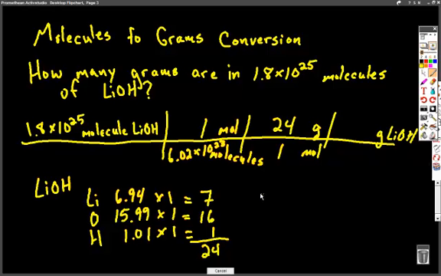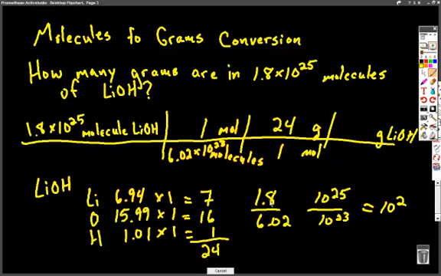So really, in this case, we can think of this as being 1.8 divided by 6.02, and then we can actually do the exponents separately. Because we have 10 to the 25th over 10 to the 23rd, what we're really saying here is it's 25 minus 23. So our power of 10 for this particular problem is going to be 10 to the second.